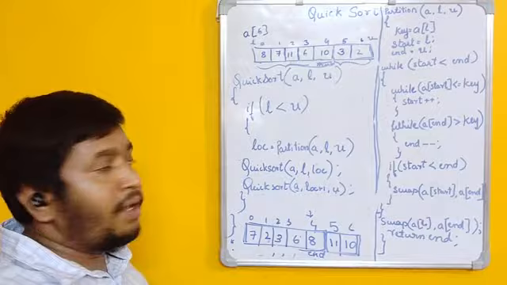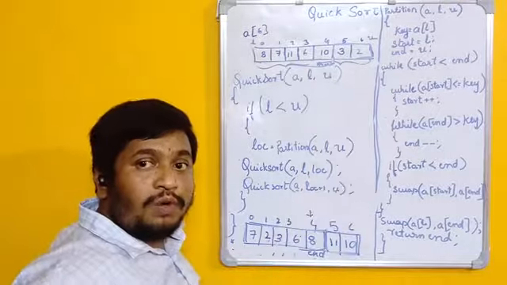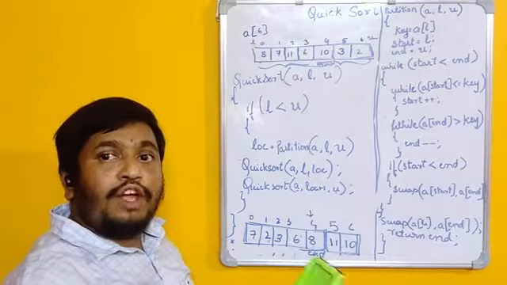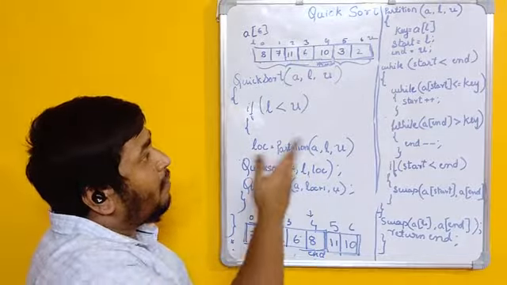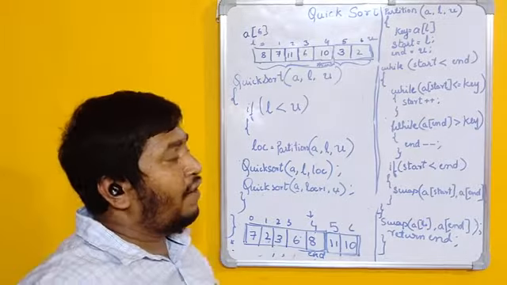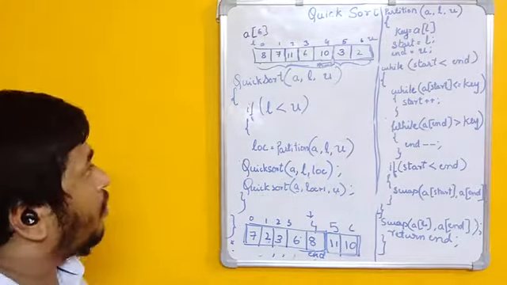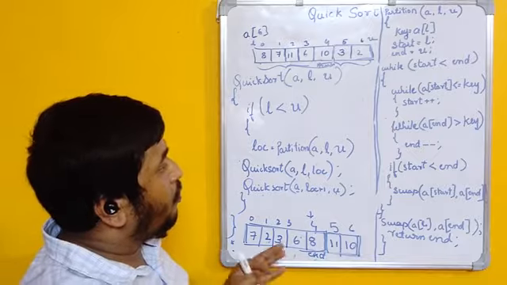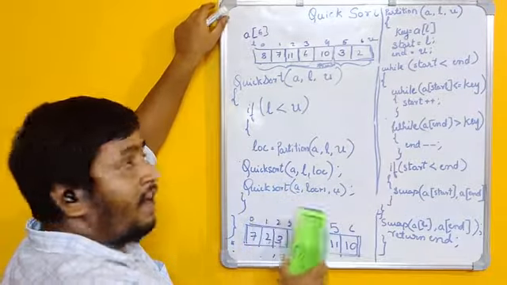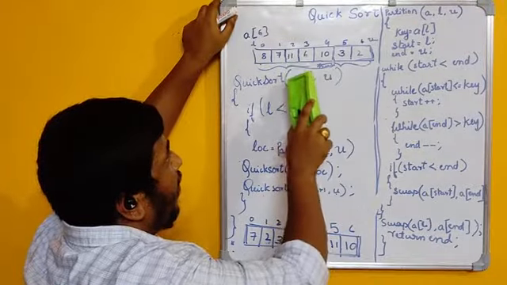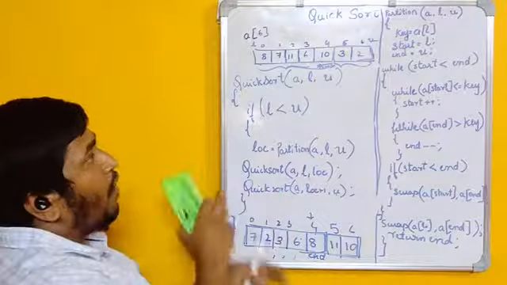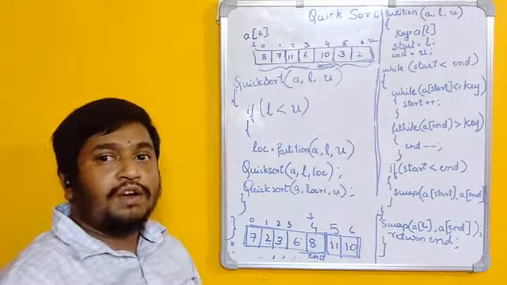And we go for the last element of the array. We compare A of end with the key. If A of end is greater, we decrement end one by one until A of end is less than key. Then we check whether start is less than end. If start is less than end, we swap both values, A of start and A of end.